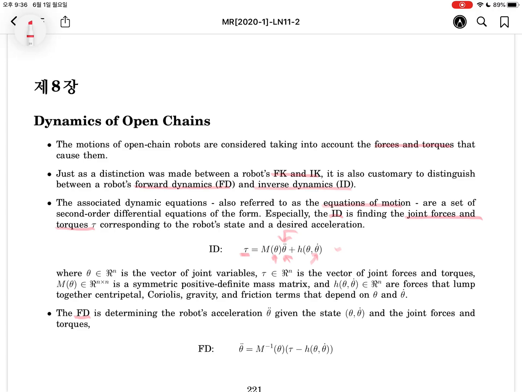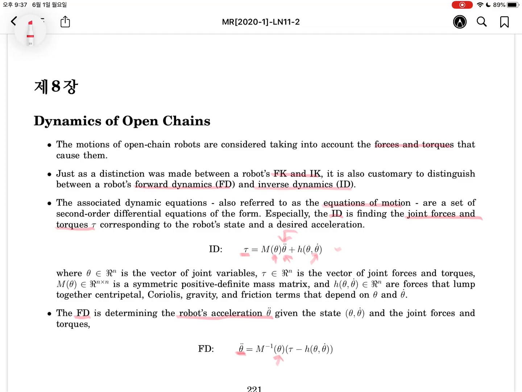Forward dynamics is the problem of determining the robot acceleration given the state and the joint force and torque. If you rewrite the equation of motion with theta double dot as the result, it is called forward dynamics.